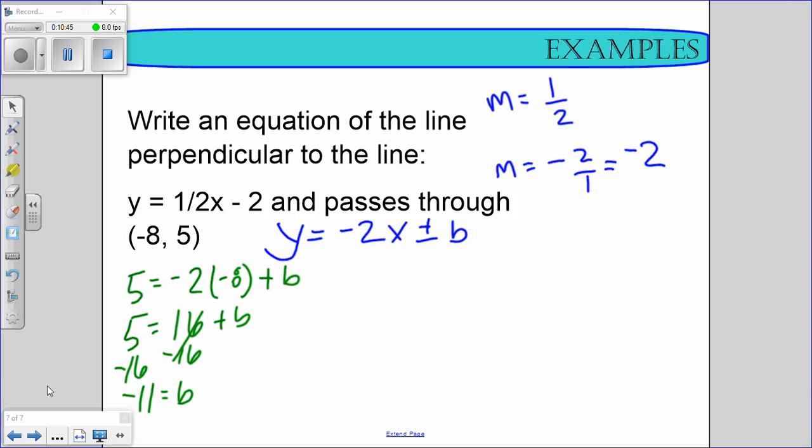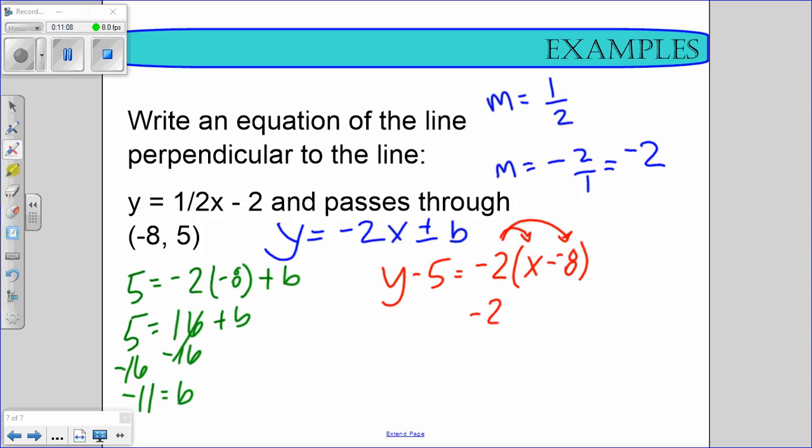So let's see if the other method gives us the same answer for b. So y minus 5 equals my slope, -2, times x minus -8. So first we are distributing.